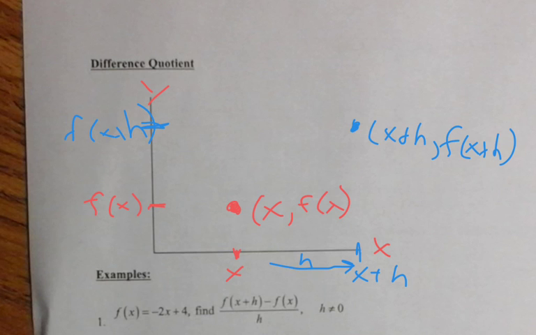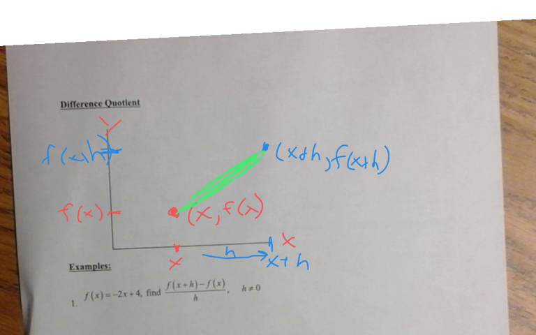So the difference quotient is really simple. It is finding the slope between these two points right here. If you remember, the slope formula is m equals y1 minus y2 over x1 minus x2.